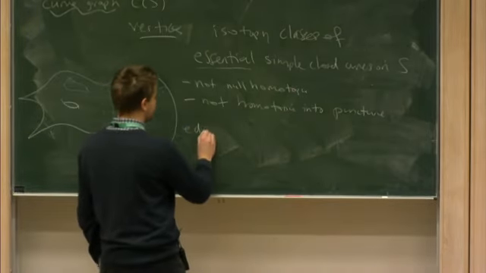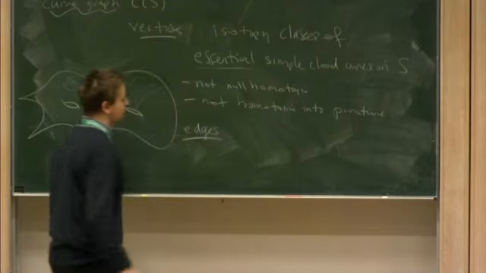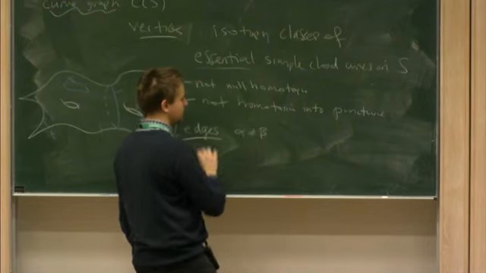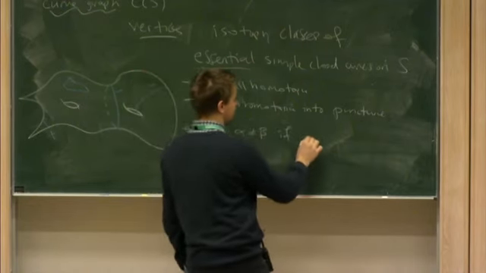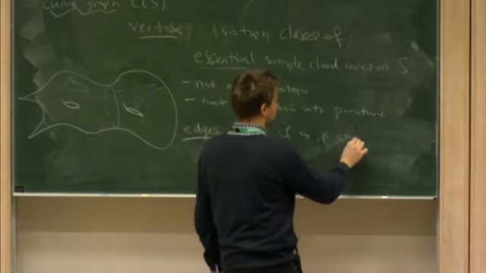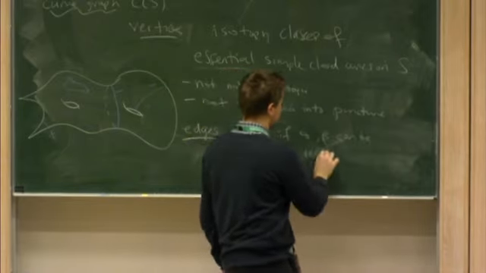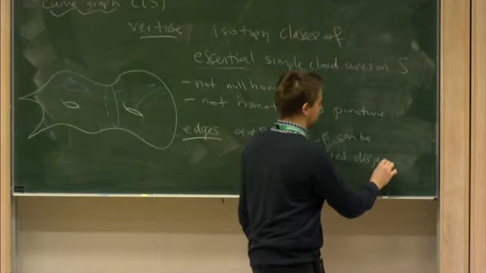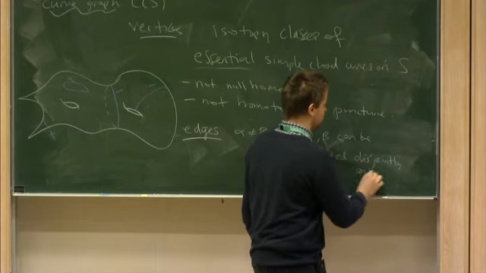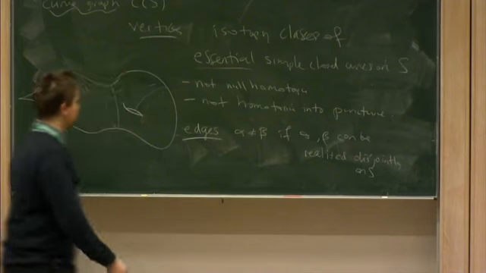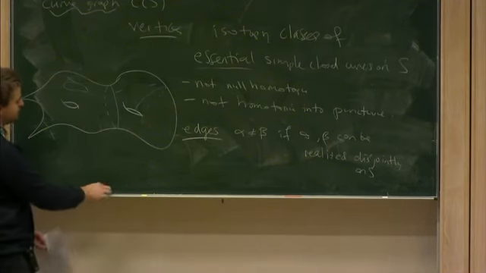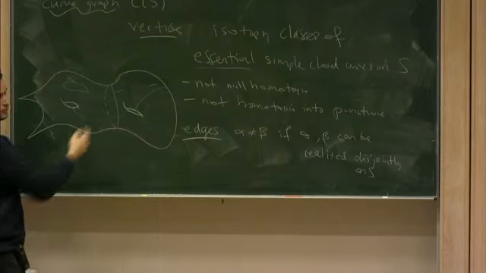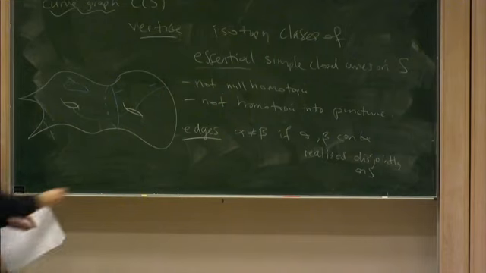The edges of the graph span two non-equal vertices if alpha and beta can be realized disjointly on the surface. So for example, these two vertices will be adjacent but these two won't be.